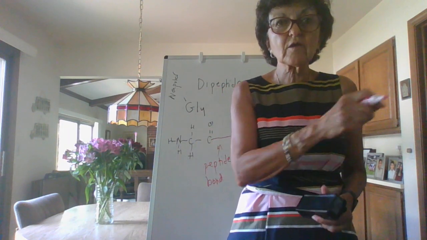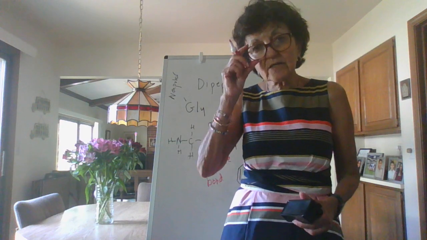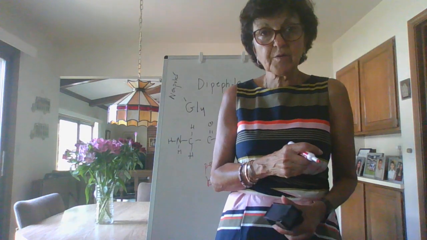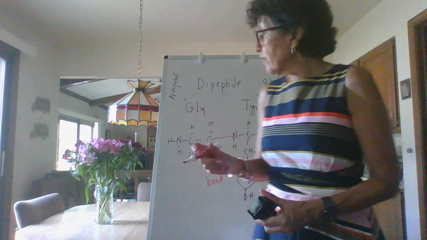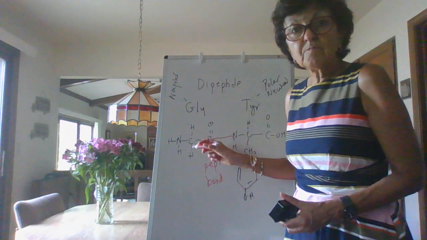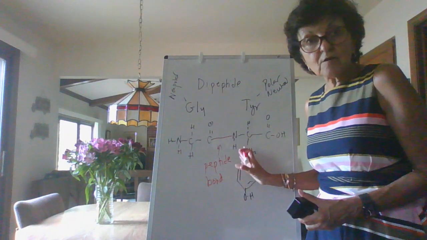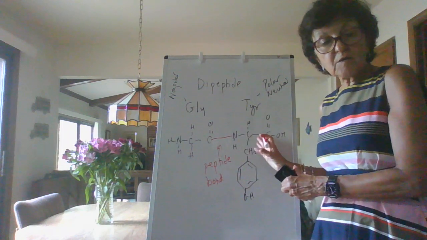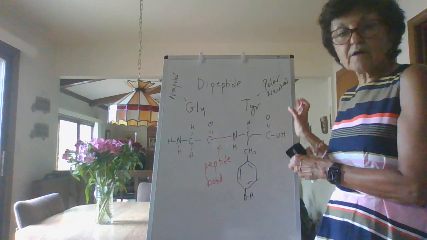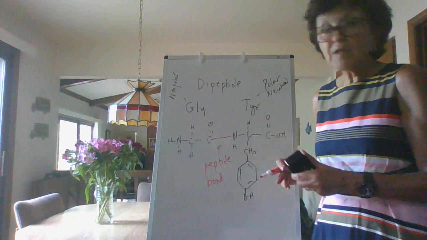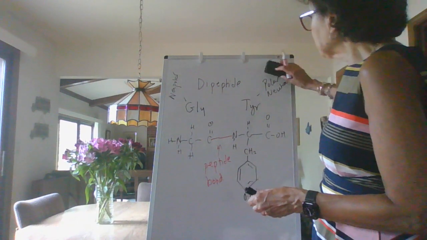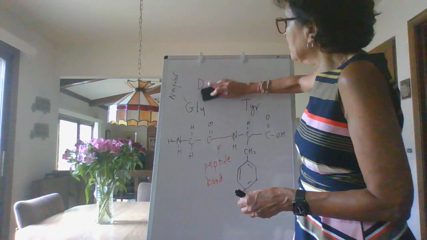So when we have a string of amino acids, a whole bunch of them, one after the other, after the other, after the other, how are they all connected? They're connected by peptide bonds. Okay? So the carboxylic acid of one amino acid gets hooked up to the amine group of the next amino acid. And it just keeps going on and on and on like that. Okay? So let's say I had a tripeptide.